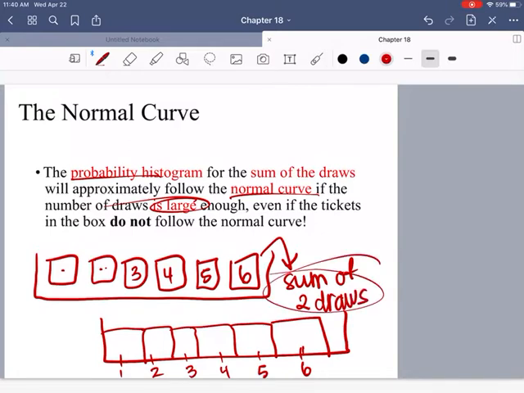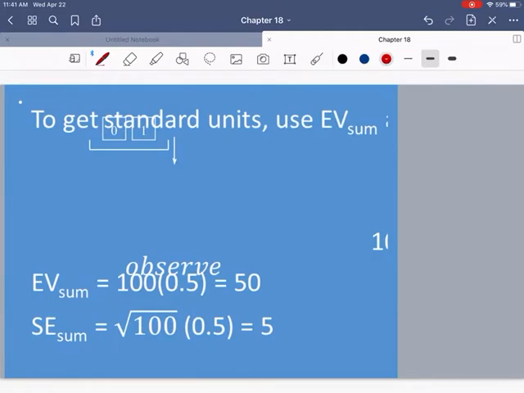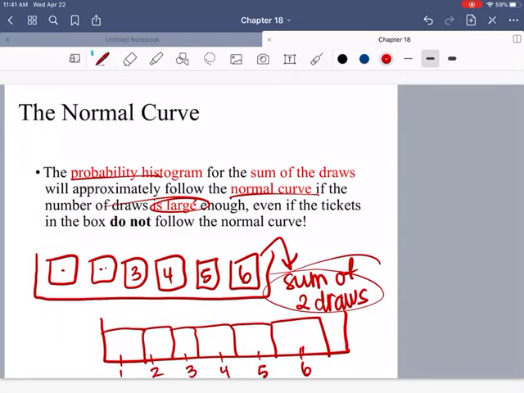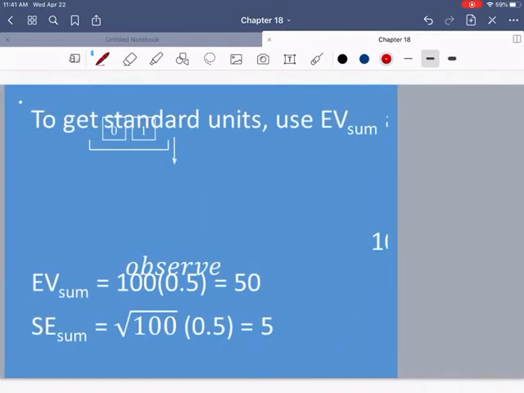So it's okay if the box doesn't follow the normal curve, because when you sum the results, the histogram does follow the normal curve. The main thing to know is if your sample is large enough and it's random, it will follow the normal curve.